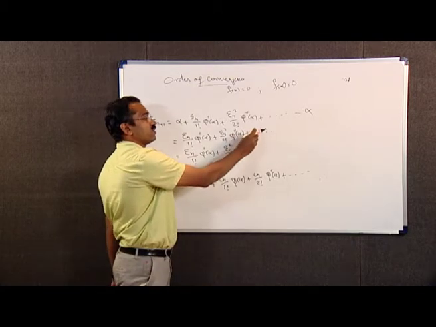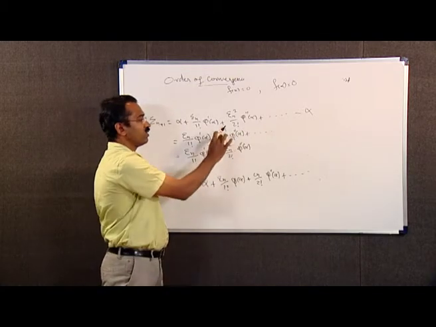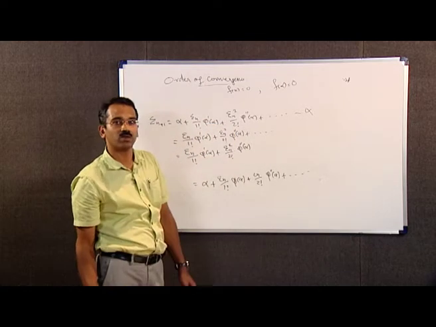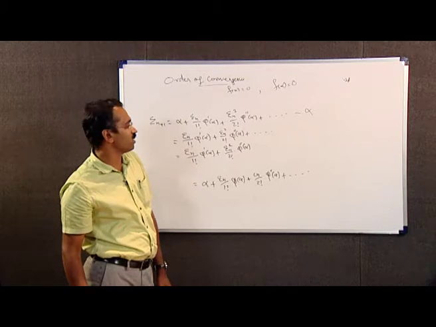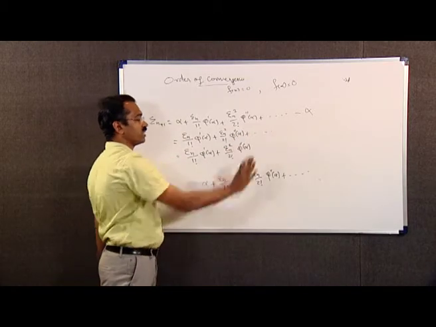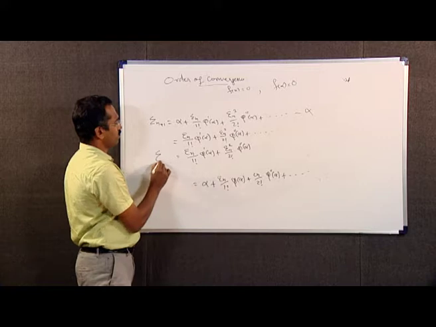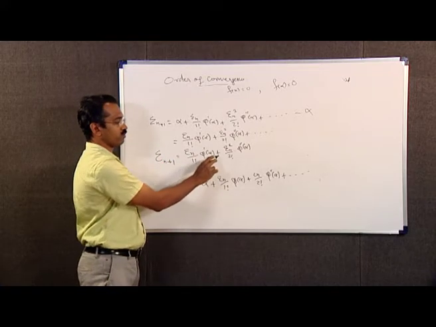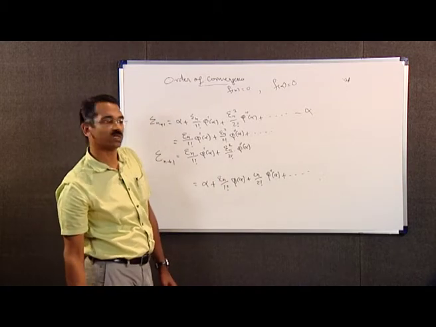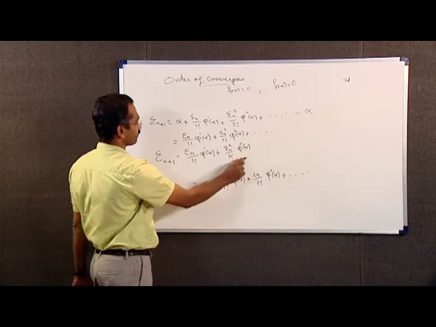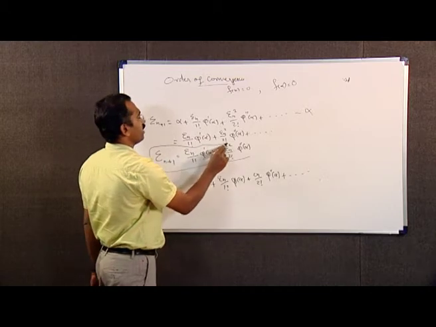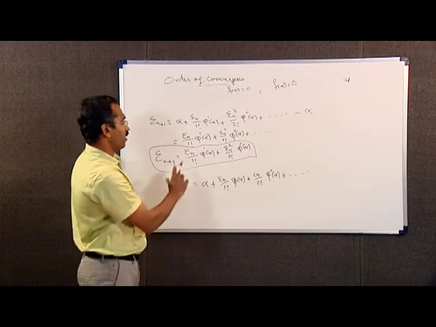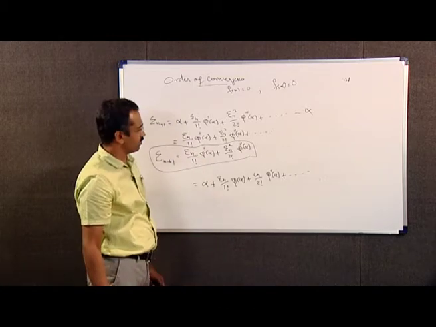We neglect the remaining terms because epsilon n is very small, that is why the higher powers of epsilon n are tending to 0. Therefore, we can neglect the remaining terms. We will get epsilon n plus 1 is equal to epsilon n by 1 factorial into phi dash of alpha plus epsilon n square by 2 factorial into phi double dash of alpha. Now, we find phi dash of alpha and phi double dash of alpha and substitute in this.